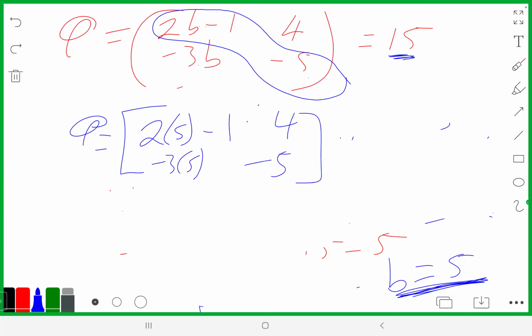Are you following? We're getting the new matrix now, because where there was B, we are replacing it with the value of B. Okay? Are we good?